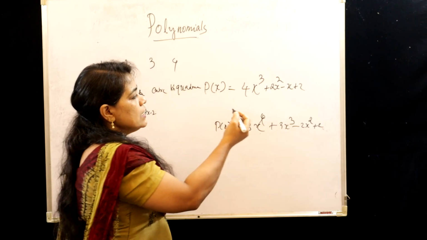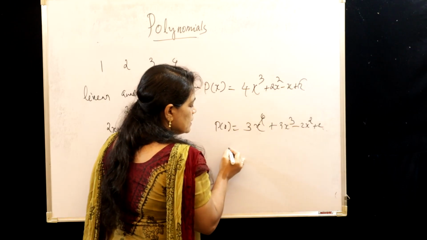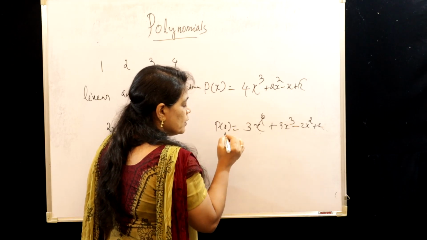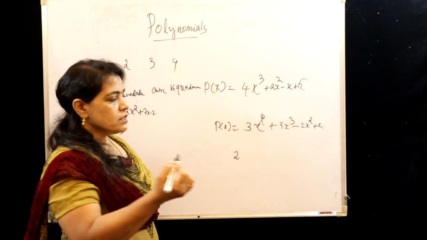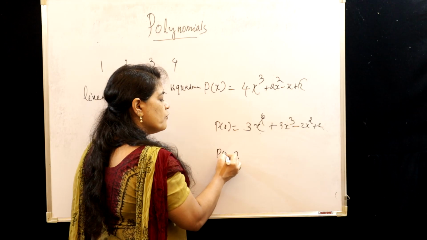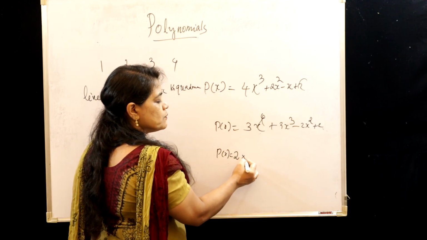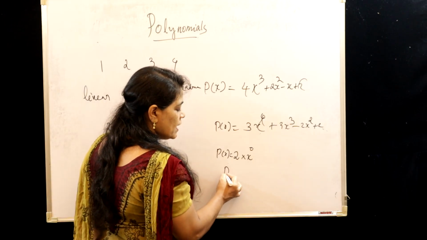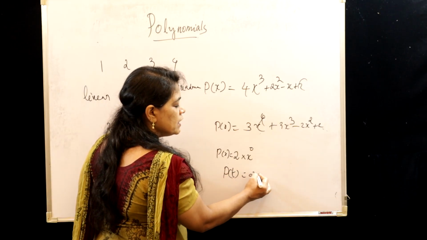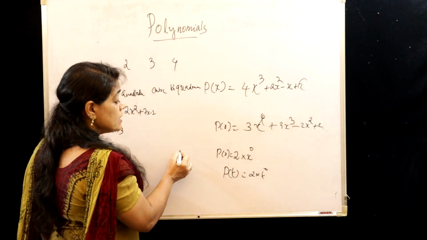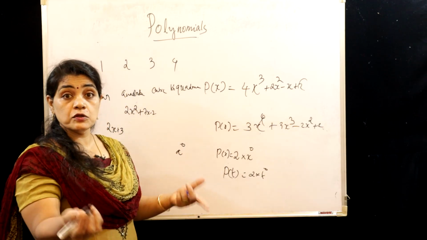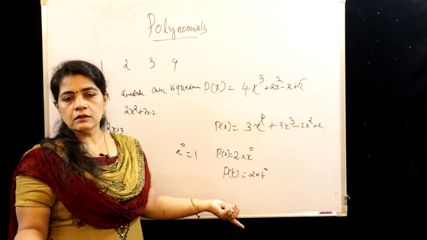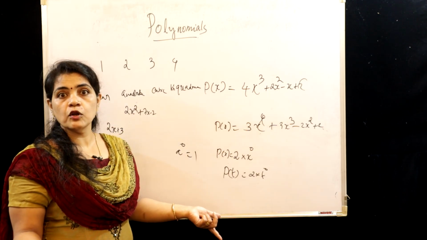If I ask you what is the degree of the constant polynomial 2, that constant polynomial you can also express as p of x. You can express this as 2 into x raised to 0. Because by the law of exponents, a raised to 0 is 1, if you multiply 2 with 1 you get the same constant polynomial 2.